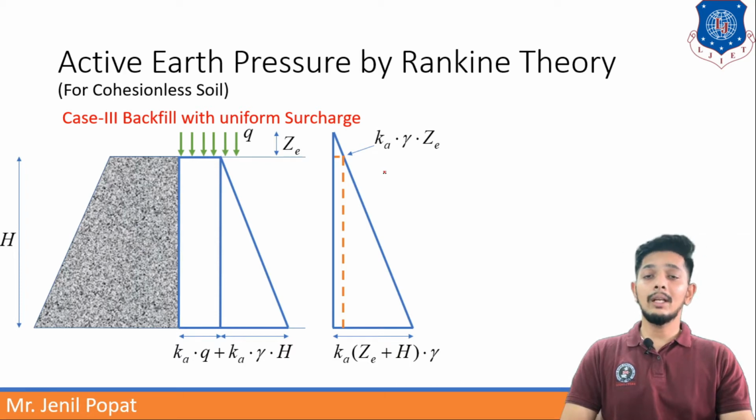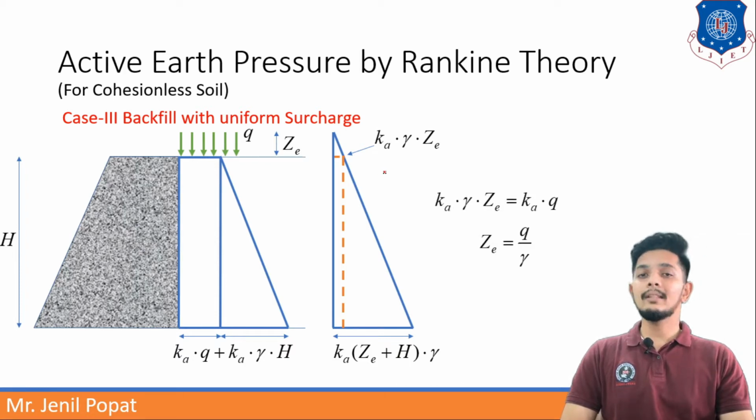Now if I want to calculate the equivalent height Ze in the case of uniform surcharge, I can compare the pressure due to uniform surcharge in the first diagram and in the second diagram. In the first diagram we have taken K into Q, and in the second diagram K into gamma into Ze.